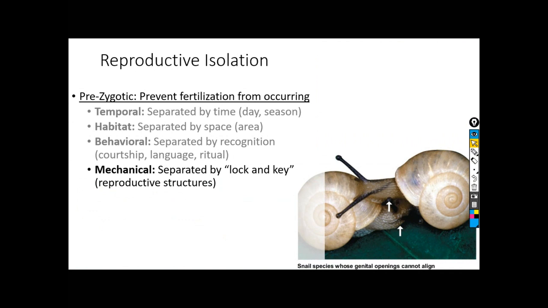So while our first three prevent organisms from meeting, our last two are going to prevent the gametes from meeting, the sperm and the egg.